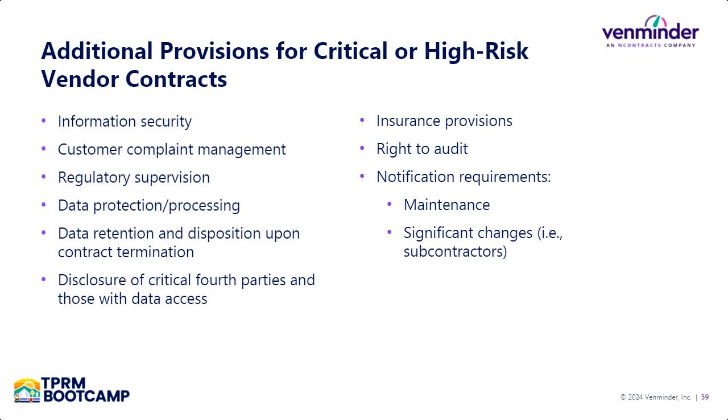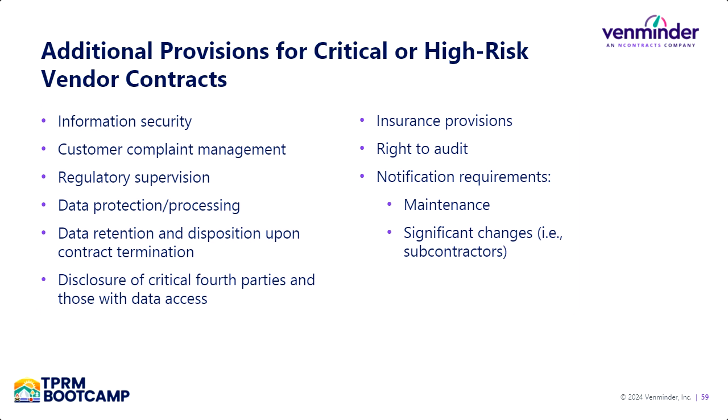Data retention and disposition upon contract termination. That one is very important with a high-risk vendor because of the data that vendor will have access to. So if you want to make sure it's disposed of at the end of your relationship, then that language should be in the contract. Definitely talking about disclosure of those critical fourth parties and those that have data access, that should be outlined in that contract.